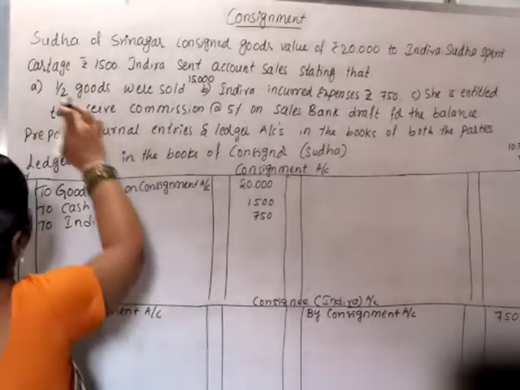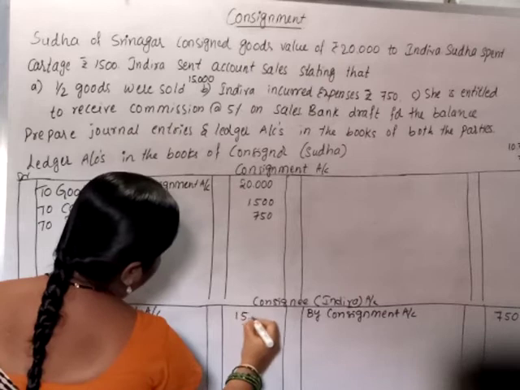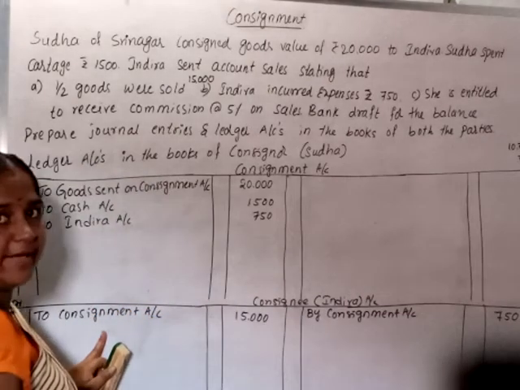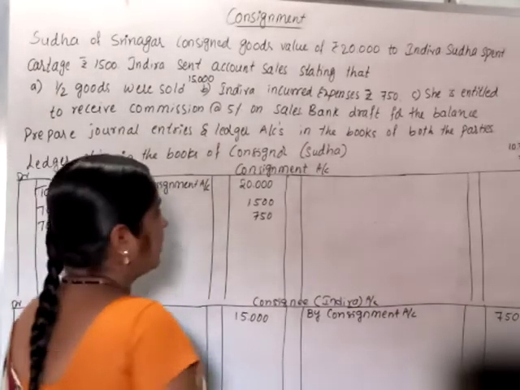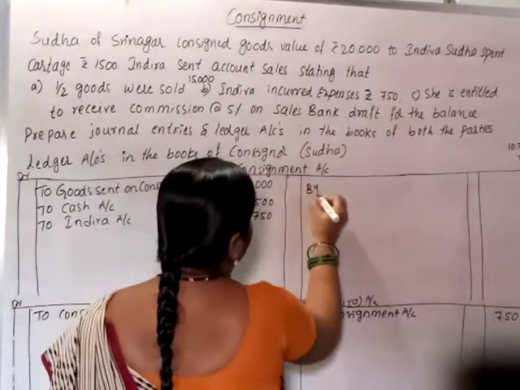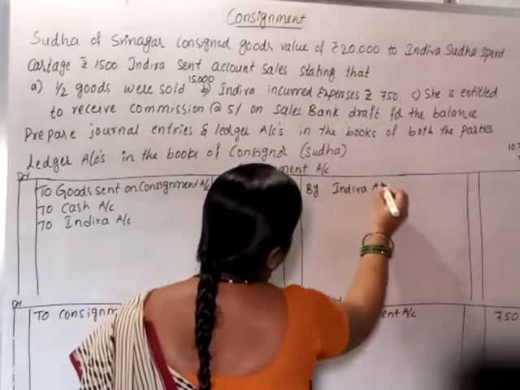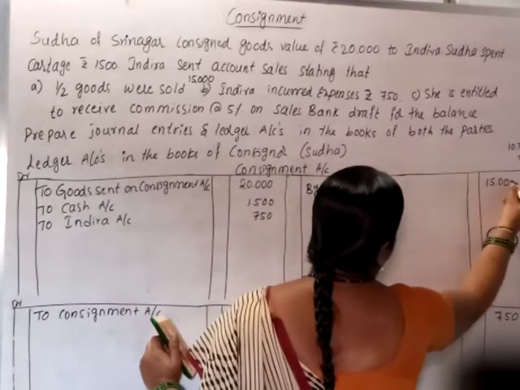What is the sales here? Half of the goods were sold for 15,000. So write here 15,000. Again consignment account also we have. So consignment account we credited. That's why in consignment account credit side write as by Indira account. So write down the sales value is 15,000.